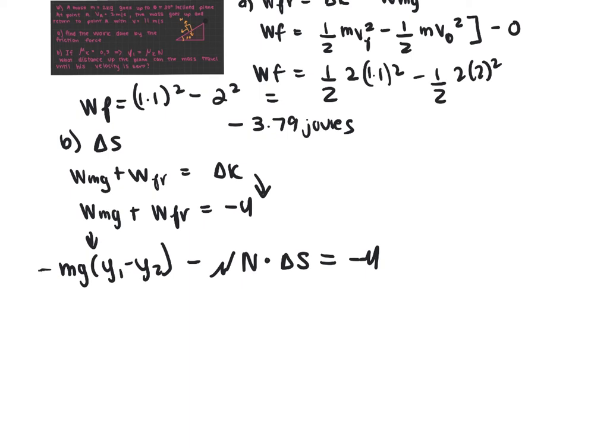So what we have here, we know this is the negative force as well. So we can just simplify all the negatives. Along with doing that, we can just go ahead and replace this with the displacement of S, because that's basically what it is.